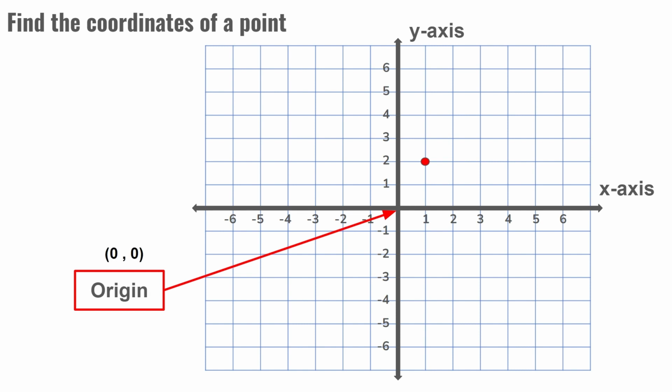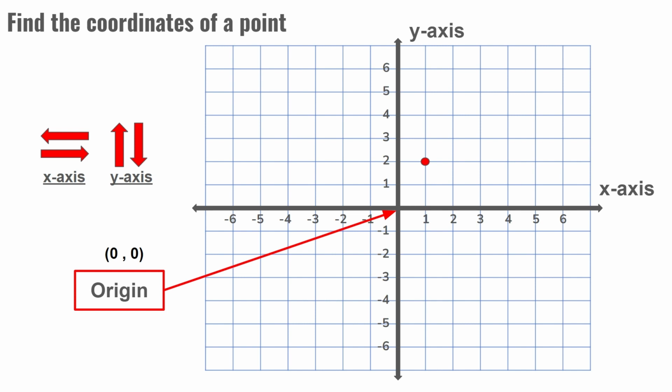From this point, we need to move first along the x-axis towards the point, which means we can only move to the left or to the right in the direction of the point. And second, we'll need to move along the y-axis towards the point, which means we can only move up or down in the direction of the point.